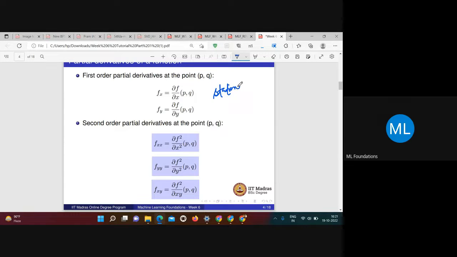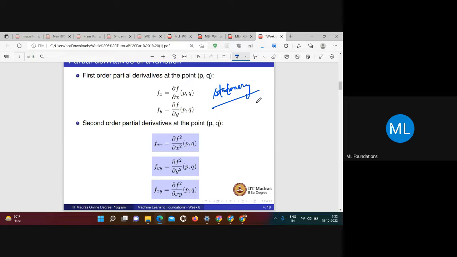Can somebody tell me, if you have been given a function, how do you get the point where the slope becomes zero? The derivative of that function should be zero. Yes, you just calculate the derivative of that function and see for which value the derivative is zero. Derivative zero means the tangent is zero, the slope is zero at those points.